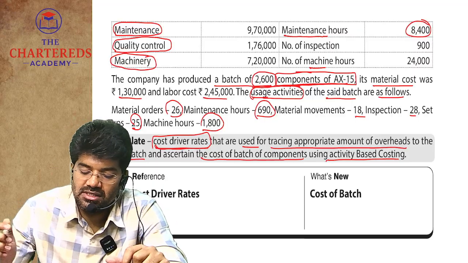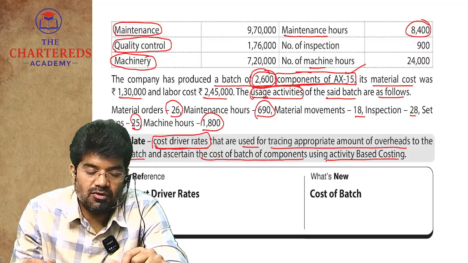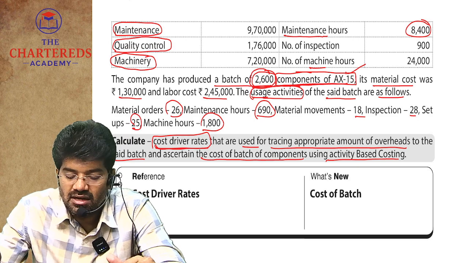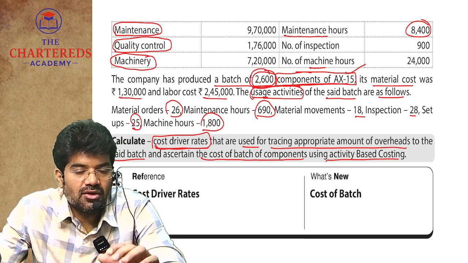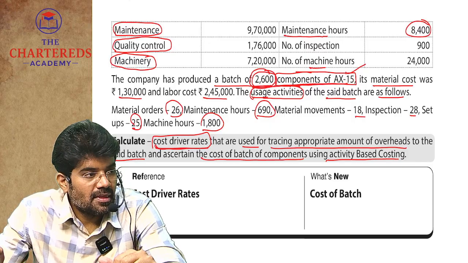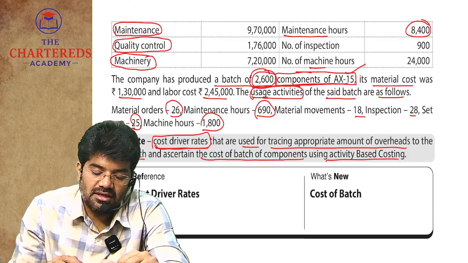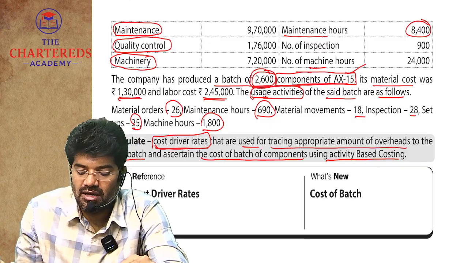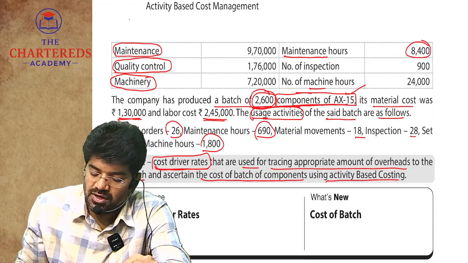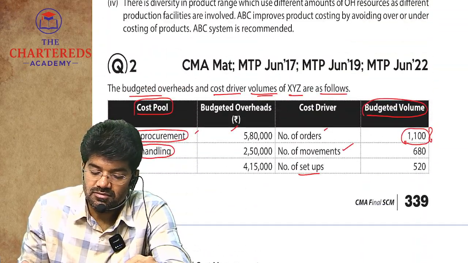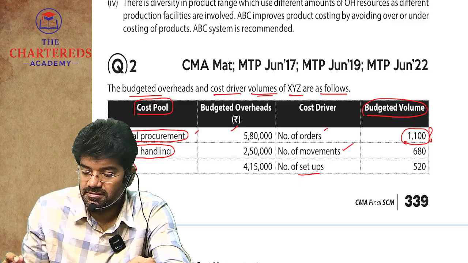One batch of this AX50 consisting of how many? 2600. So for this whole batch, what is the material cost? 1,30,000. Labor cost 2,45,000. So first, right now, question number 2 answer.